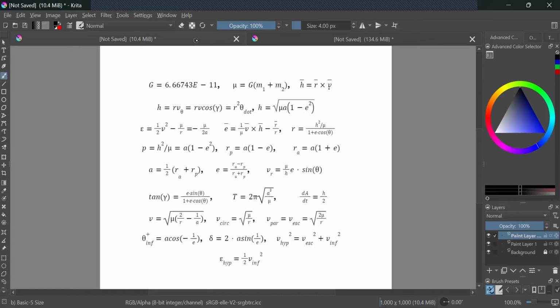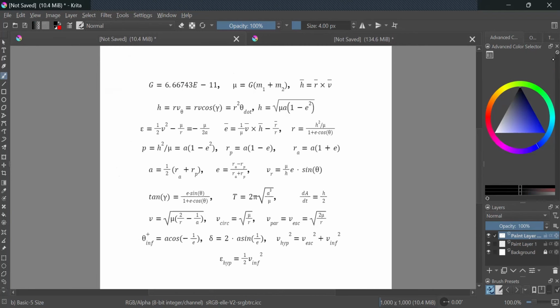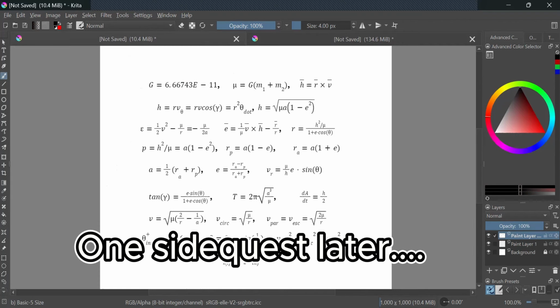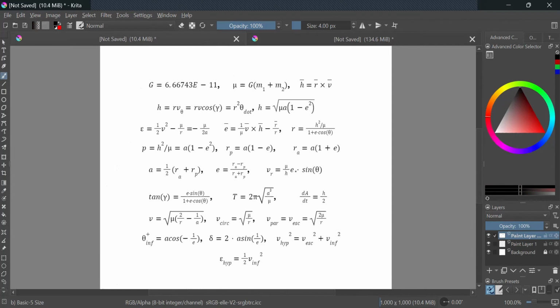Radius, velocity, and flight path angle. I have all three of those here, so I can get a nice angular momentum value. Let's see. Can I do anything with those four?